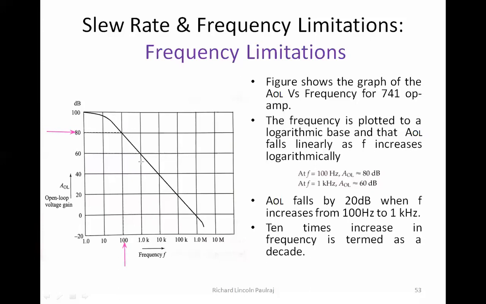My gain is going to drop down, and my purpose of having 80 dB, is it happening? Am I fulfilling this 80 dB of gain? Not possible, right? So I have to restrict my circuit for its operation between 1 Hertz to 100 Hertz, right?